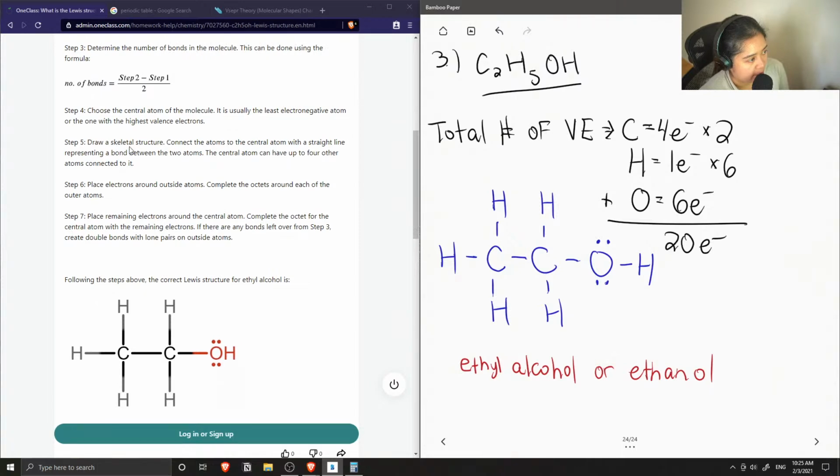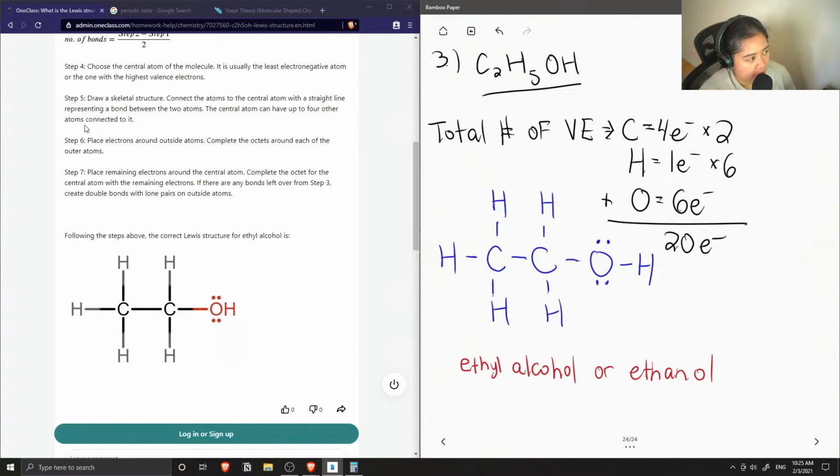Then we choose the central atom. Usually it's the least electronegative or the one with the highest valence electrons. So in our case, carbon isn't the least electronegative, it's actually hydrogen. So the fact that it can form multiple bonds is the reason why we made carbon our central atom.